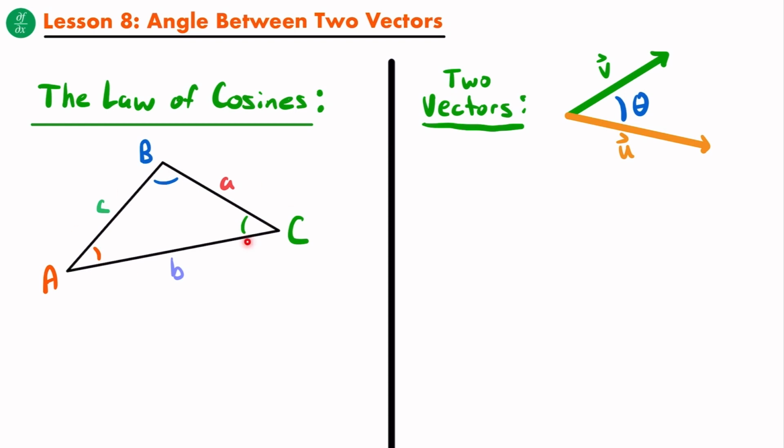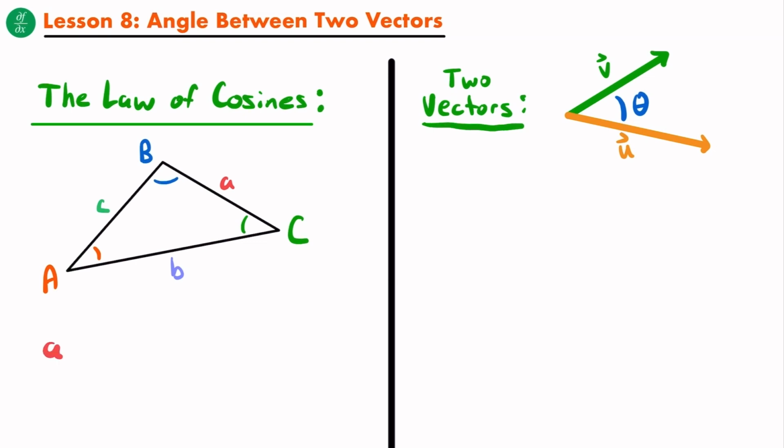And for a triangle like this, what we can use the law of cosines for is to find an unknown angle of the triangle given that we know the three side lengths. Right, so for example, let's say that we wanted to find angle A, the angle between side length b and side length c. We can find that angle using the law of cosines, which says this.